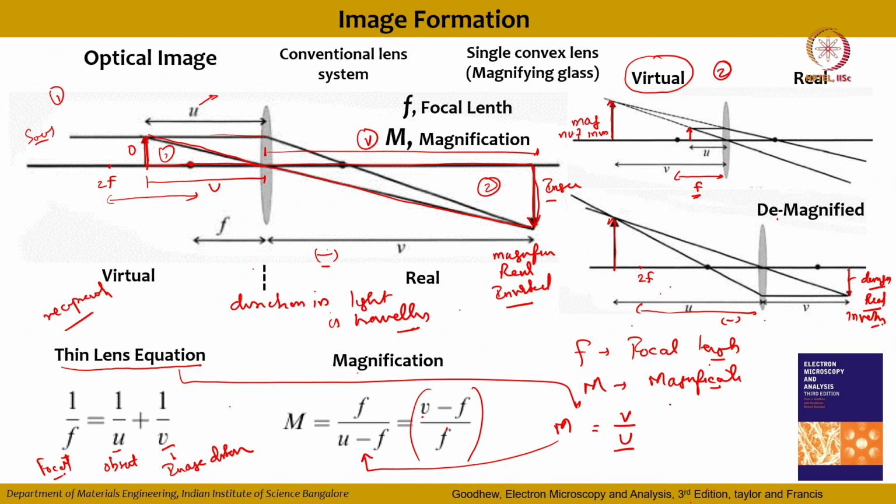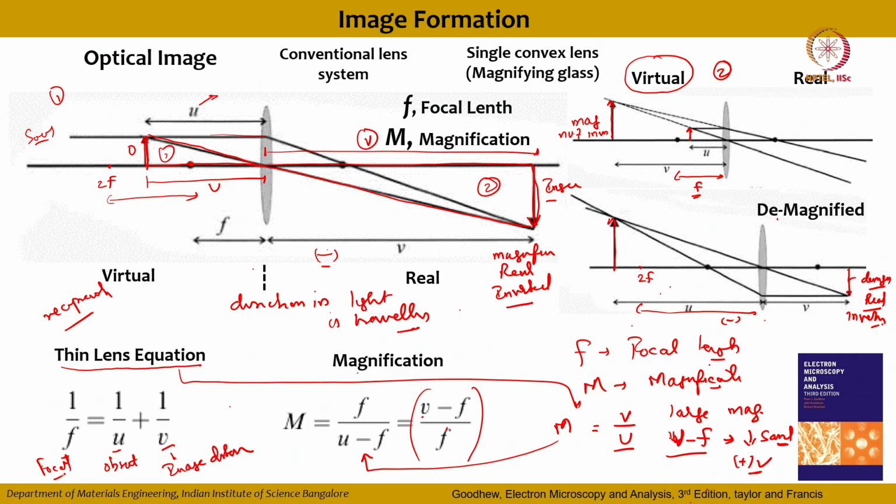So for large magnification, U minus F must be small and positive.